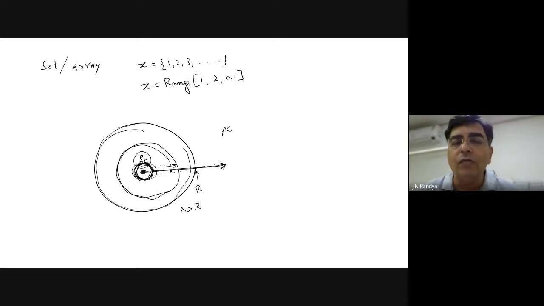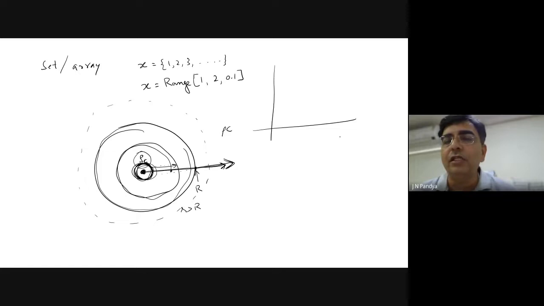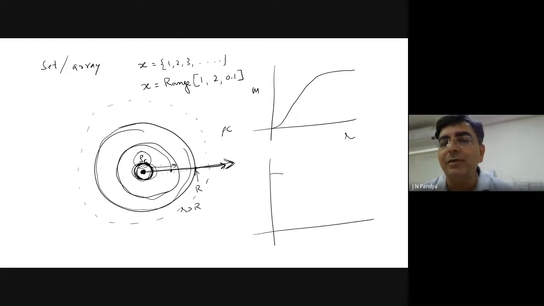Now if I move further in solving the equation, suppose I am here, then also the mass subtended will remain constant. That means if I really want to plot this, if this is r and this is mass, I expect that when I am at the center, my mass is 0. When I am going out, my mass is increasing and it will be going this way. Then it will become a constant. As far as density is concerned, it will be the maximum density here.